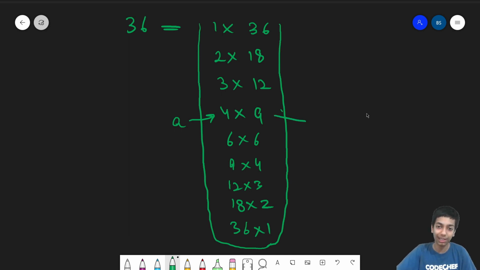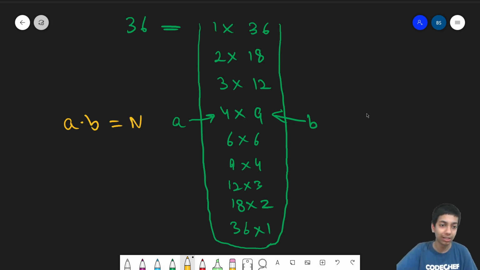So if a is a factor of 36, then 36 by a, that will be b, is also a factor of 36 automatically, right? 4 is a factor of 36 and 36 by 4, that is 9, its cofactor, is also a factor of 36. So factors always exist in pairs. So I can write a into b is equal to n, right?